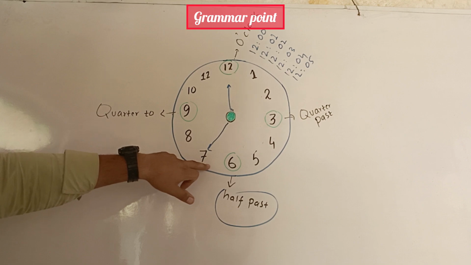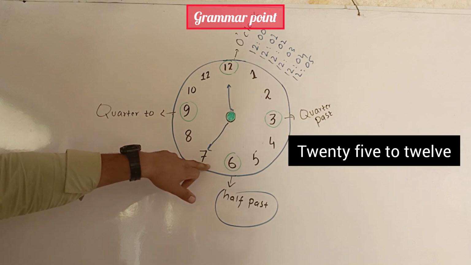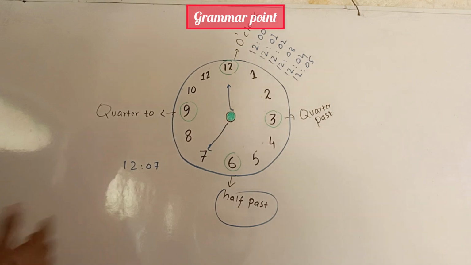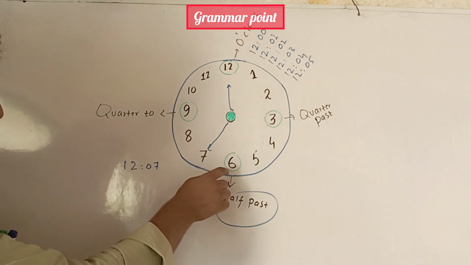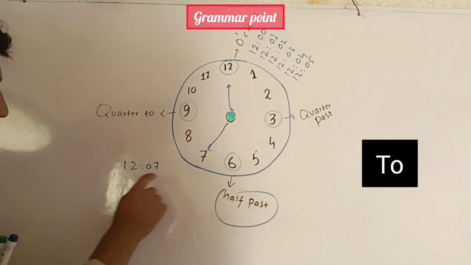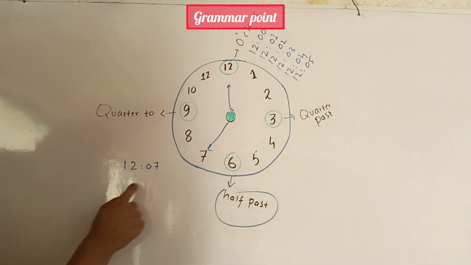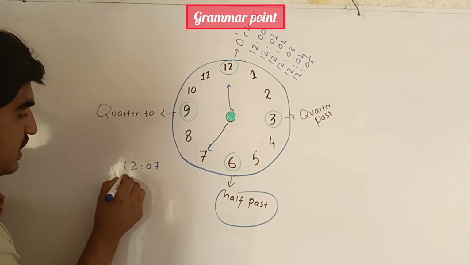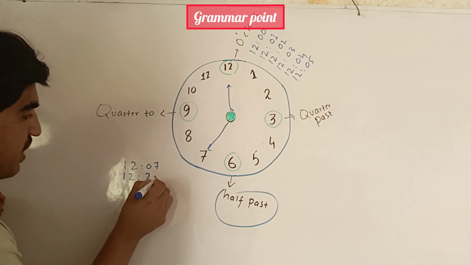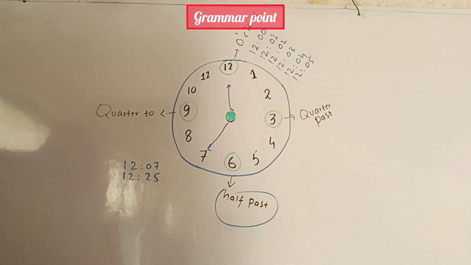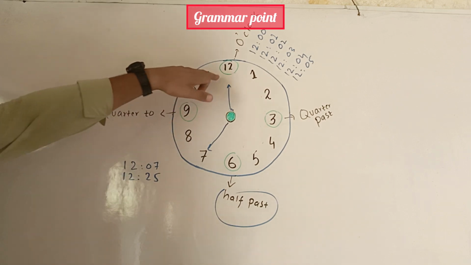After this point, 7, 8, 9, 10, 11, we can say 'to'. So what we call this time, actually this time 12:35 is 25 to 12.